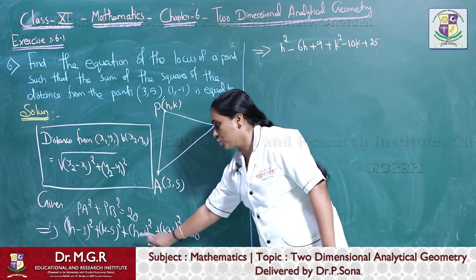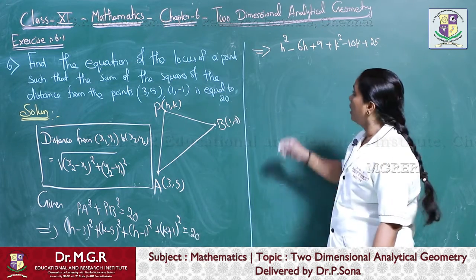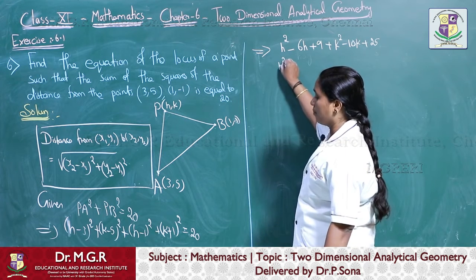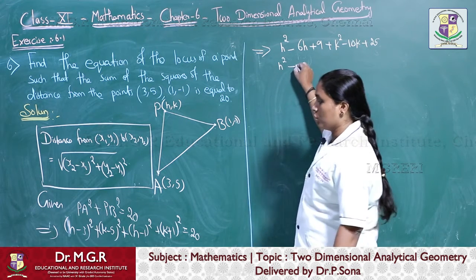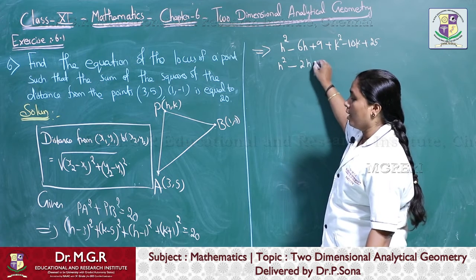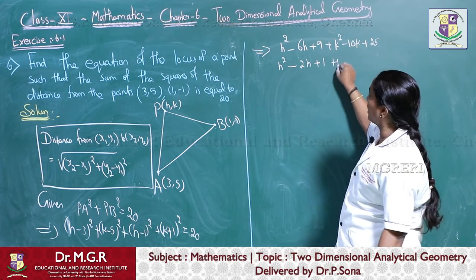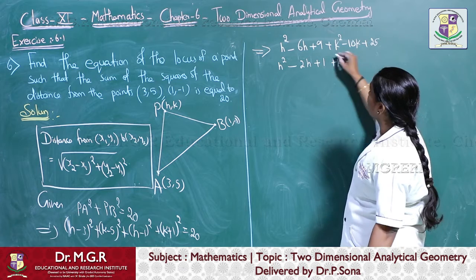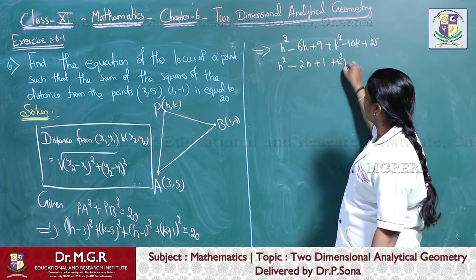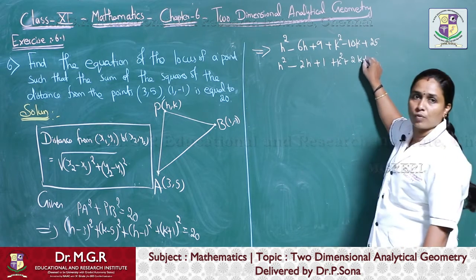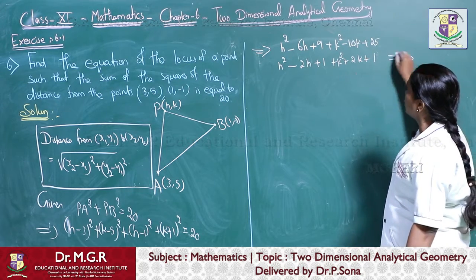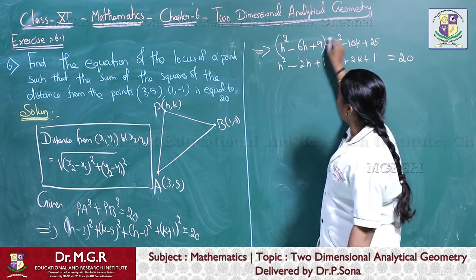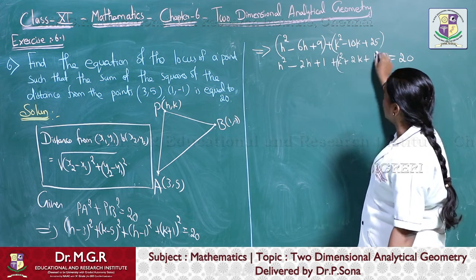Next you expand this one, (h minus 1) the whole square. So h square minus 2h plus 1 plus k square plus 2k plus 1 is equal to 20. So we have expanded all the 4 expansions like this.